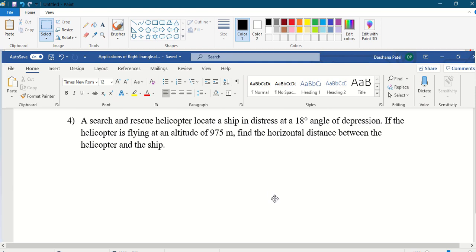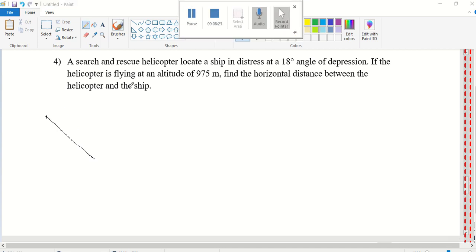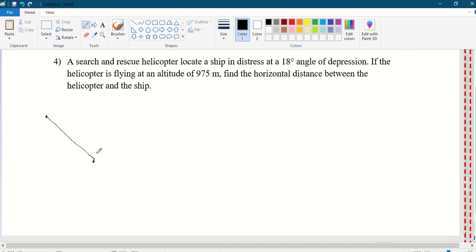So for that one, let's sketch the scenario here. We have a helicopter somewhere here and it looks down. This one is the ship, right here, and if we make a right angle triangle from there, this is the helicopter, this is the ship.